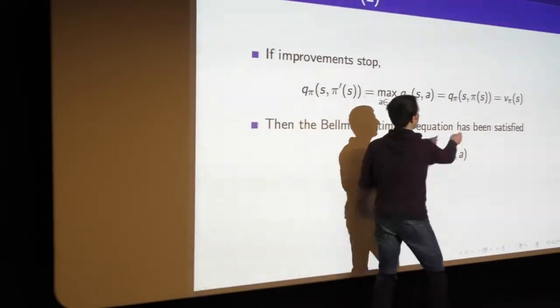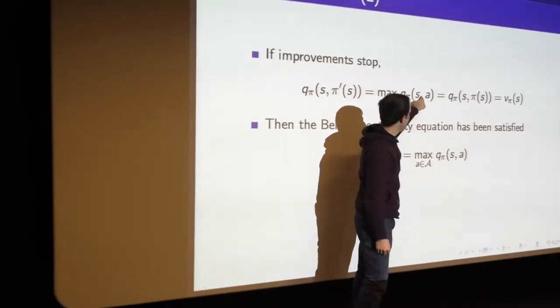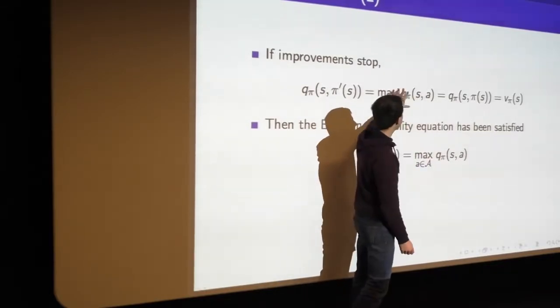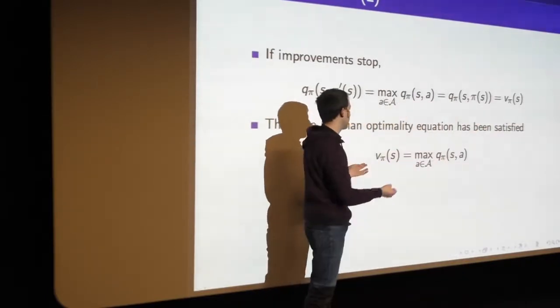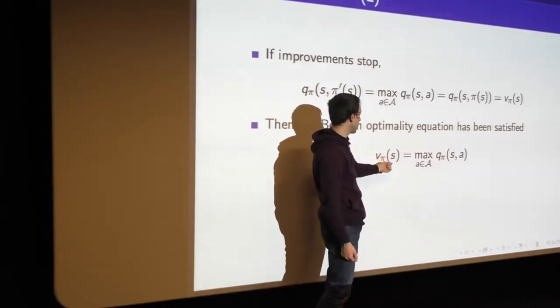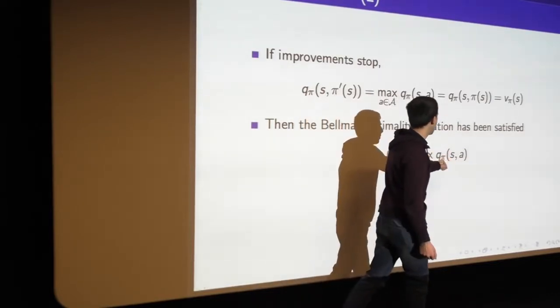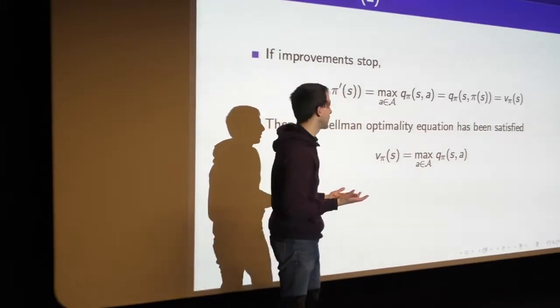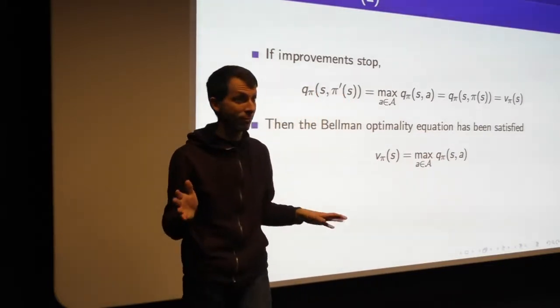So we've got v pi here, and the max q pi here. We've said this is equal to this, and that's one form of the Bellman optimality equation, that the value of state S is equal to the maximum over the q values. That's the one-step look-ahead form of the Bellman equation that we saw in the last lecture.